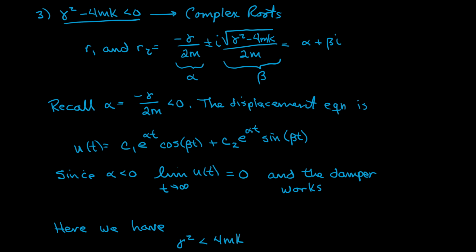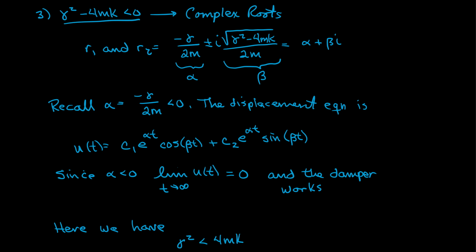Recall, with a complex root, the root is going to have two parts to it, a real part and an imaginary part. The real part is going to be negative gamma over 2m. That'll be our alpha. The imaginary part is going to be the square root of gamma squared minus 4mk over 2m. That'll be our value for beta.